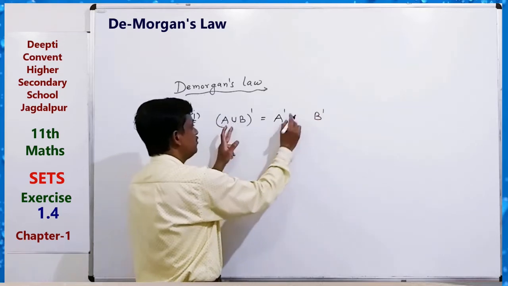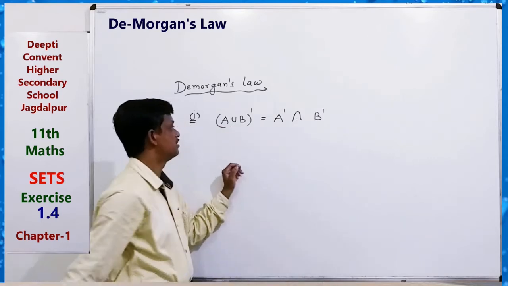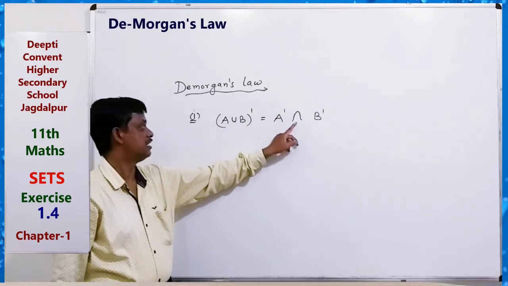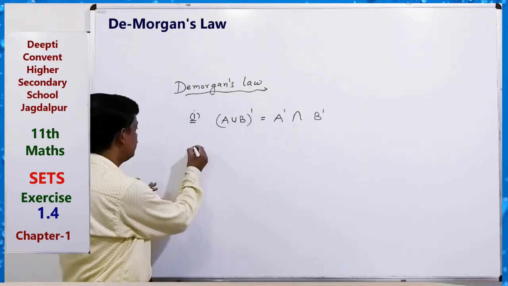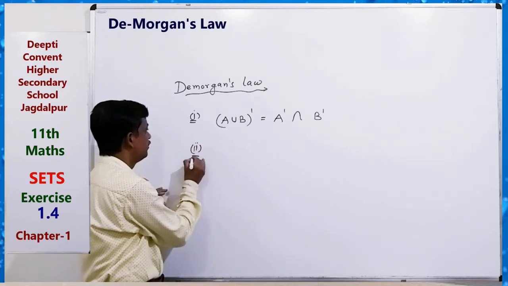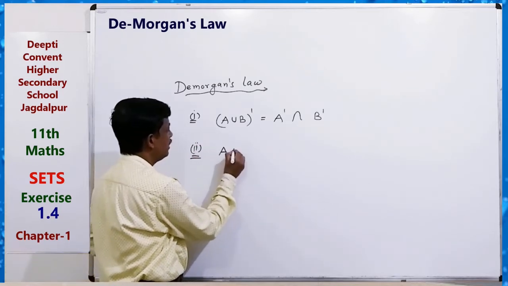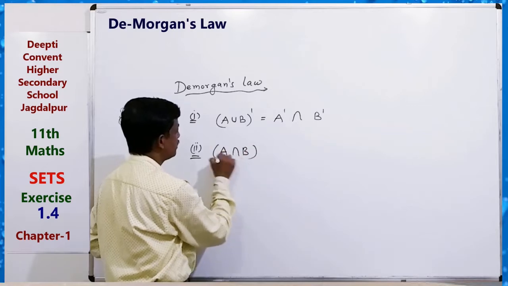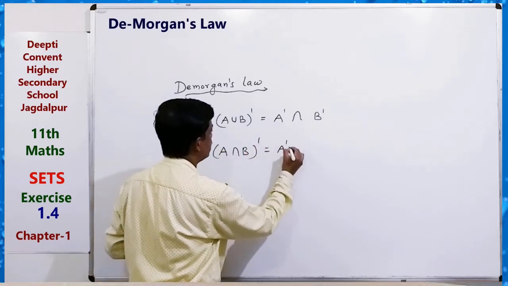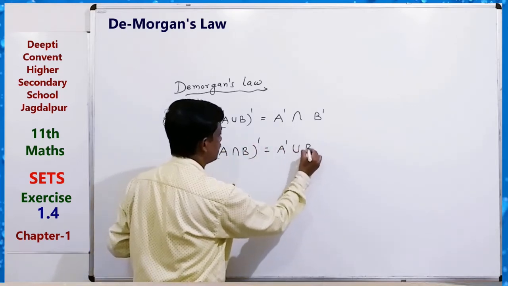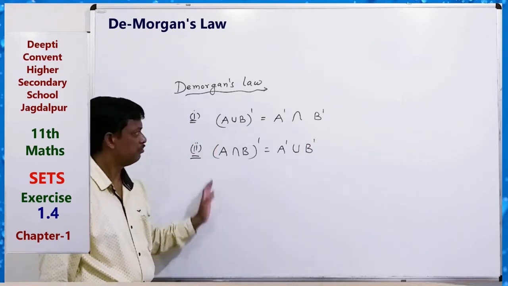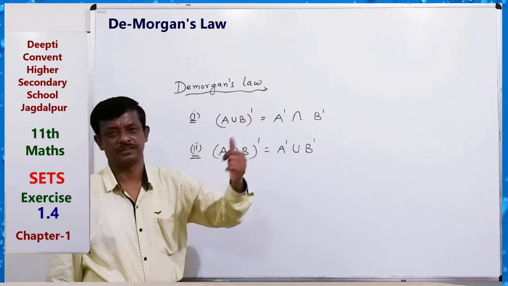The union is converted to intersection. Similarly, A intersection B dash is equal to A dash union B dash. These are the properties. We can prove it.